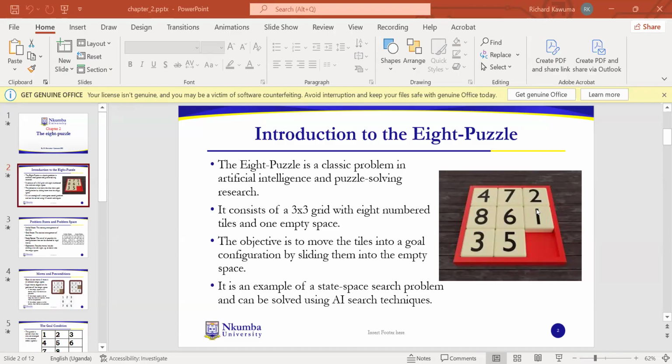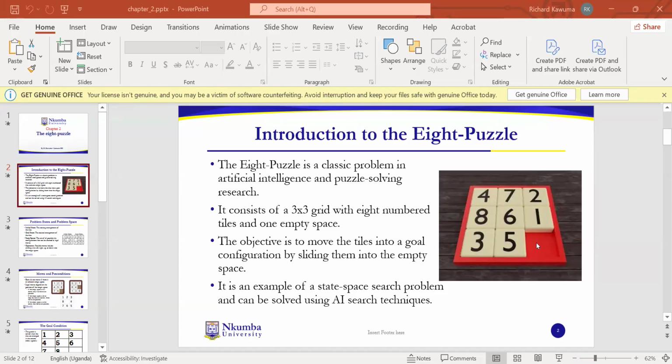Either you have a possibility of moving this one down, or you begin by moving this 5 down, but you have to start. When you move this one down, then you have a possibility of moving the 6 this side, a 2 down. If you move this 5 here, you have a possibility of bringing a 3 here or the 6 here. But at the end of the day, we need to make a certain arrangement, which is not easy. So this is called the 8 puzzle.